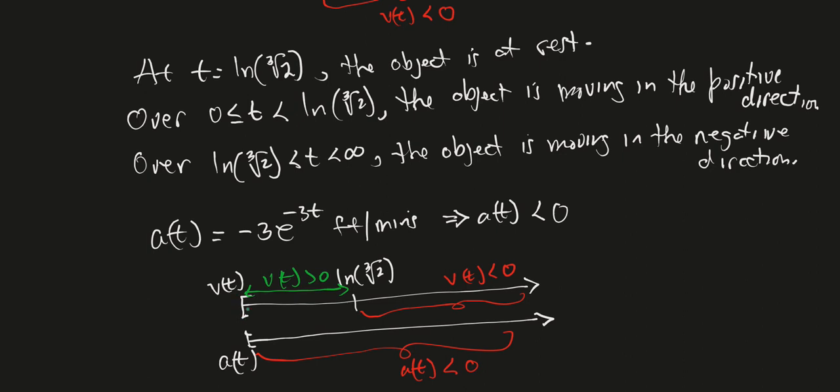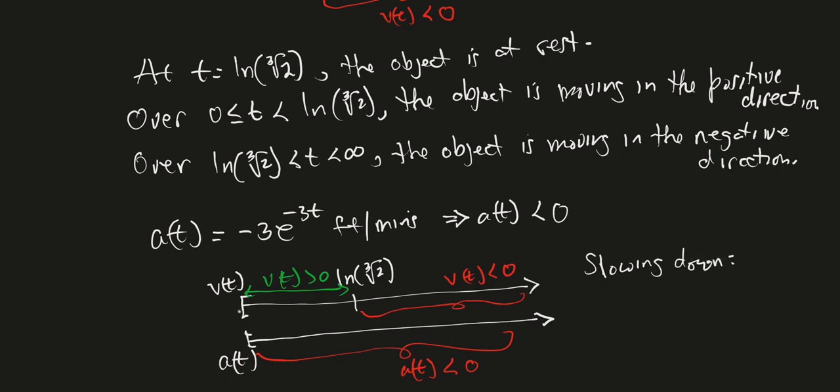So that means between 0 and the ln of the cube root of 2, the velocity and acceleration have opposite signs, right? Different colors. That's why I'm using different colors. So whenever they're different colors, it means the object is slowing down. Whenever they're the same color, it means the object is speeding up, right? So let's just write that. So we could say that the object is slowing down, and I'll just write the interval.